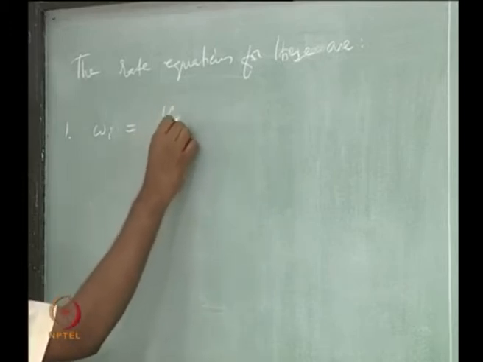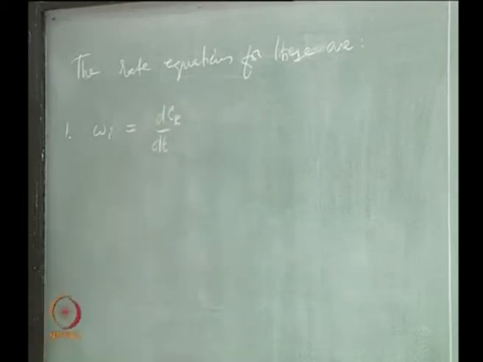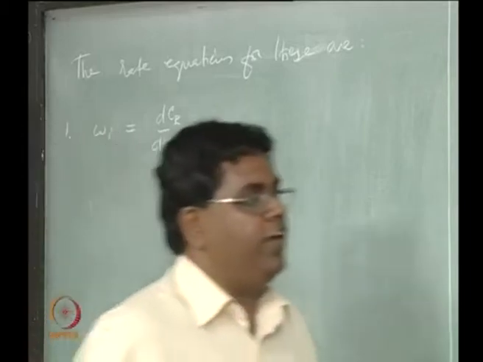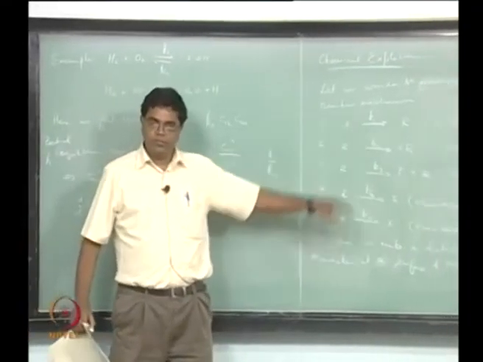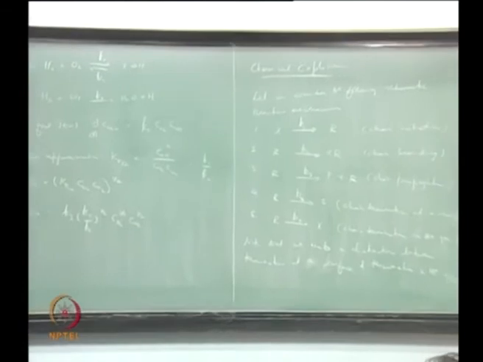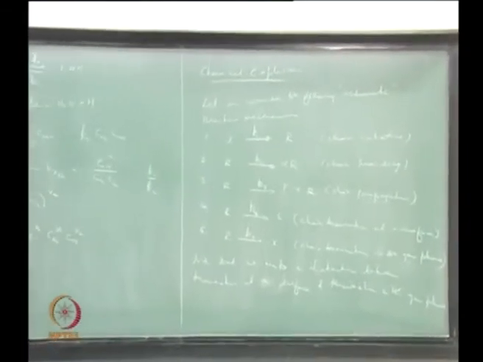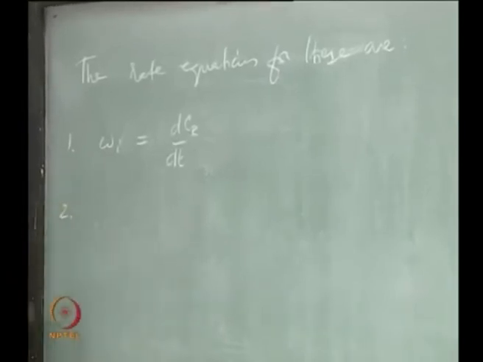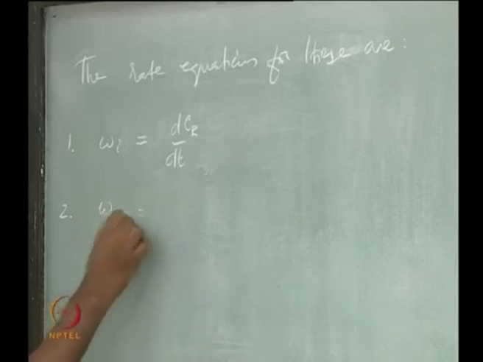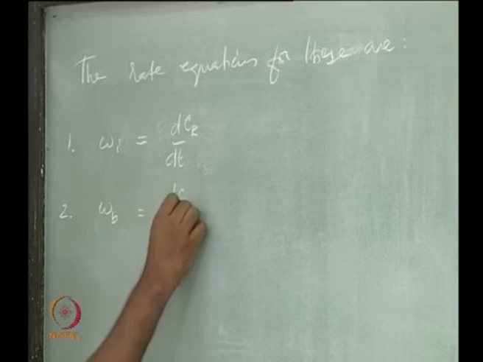All we are going to write is dCr over dt, because we don't want to be worrying about the fact that it depends on the concentration of X. We could write K1Cx for example, but let me not worry about it. I am just going to keep this as omega I. Second, let us now call this chain branching, so we will call this omega B, that is equal to dCr over dt as well.